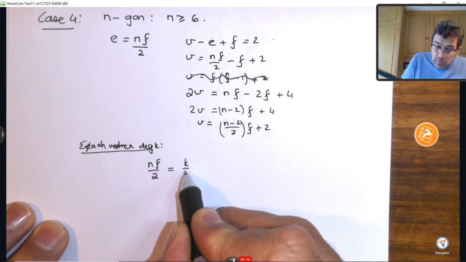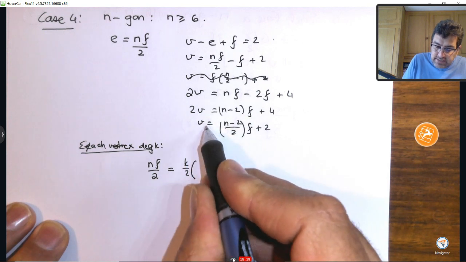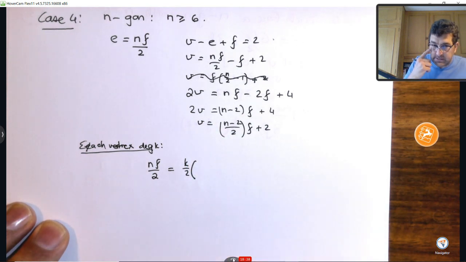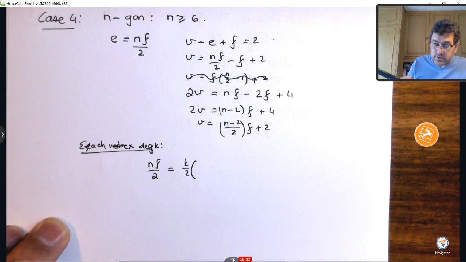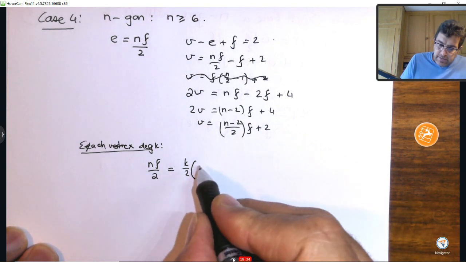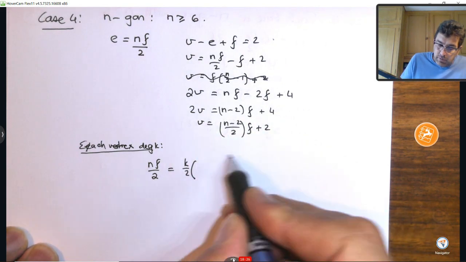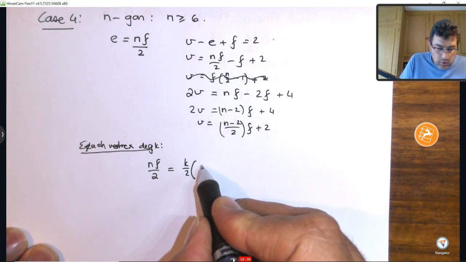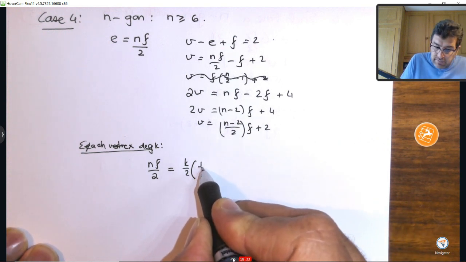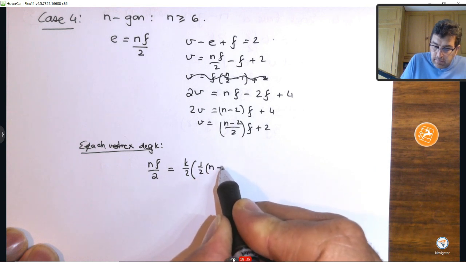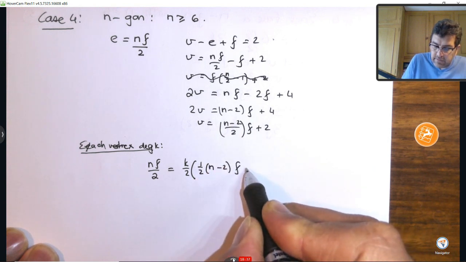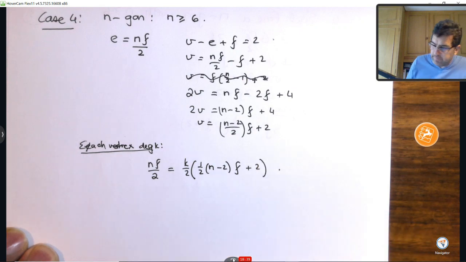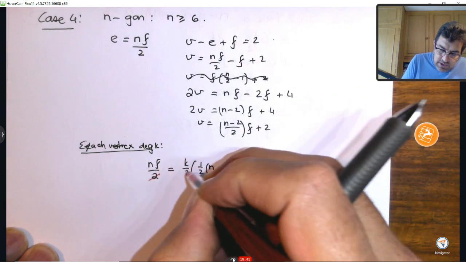The vertices are halved for the number of edges, because 2 vertices make an edge. So k over 2 multiplied by what we have over here, which is a half n minus 2 times f plus 2. Now again we have a situation where those things cancel one another out.